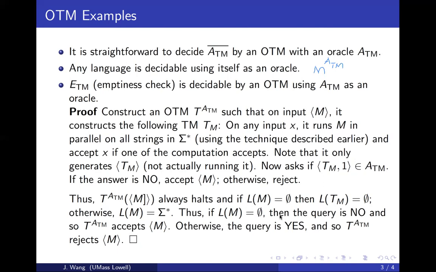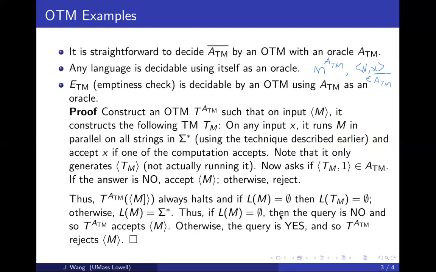So on any input, this M itself is a Turing machine. Let's say on a Turing machine M and X as input, I want to know whether it is in A sub TM bar.